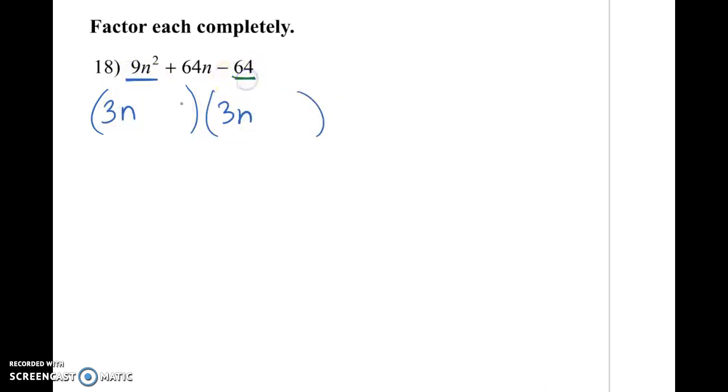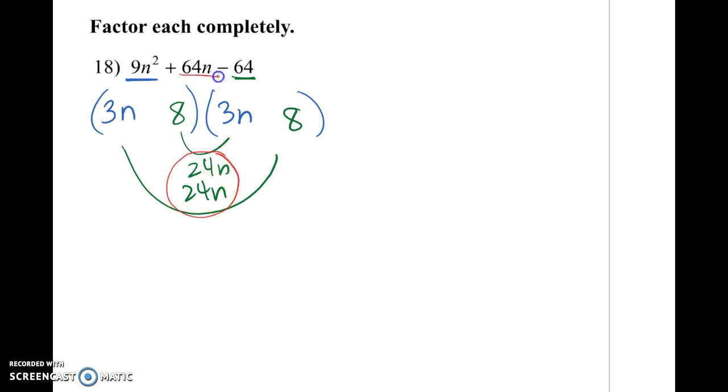And what multiplies to 64 is 8 and 8. If I multiply these, I get 24n and 24n. So I'm going to go ahead and check if 24 and 24 will give me 64, because remember those have to add or subtract to give me my middle term, and they won't. So using 3n and 8, 3n and 8 is not going to work.